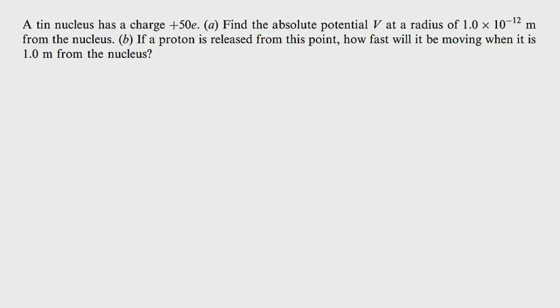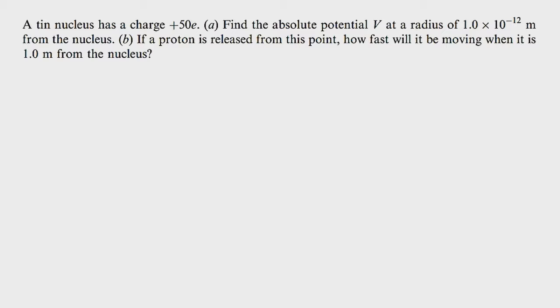Remember that protons carry a positive charge, while neutrons don't have any charge at all. So in the problem here, a tin nucleus has a charge of 50 times the elementary charge, which is the charge of one proton. And since there are 50 protons in there, we have positive 50 times e.